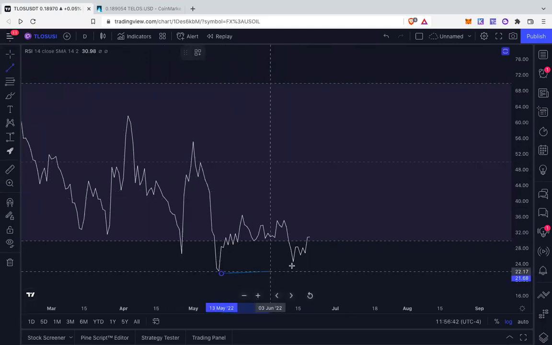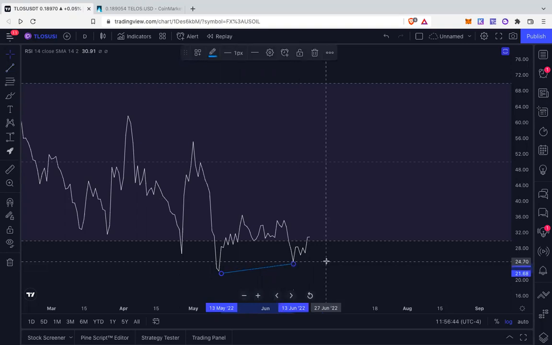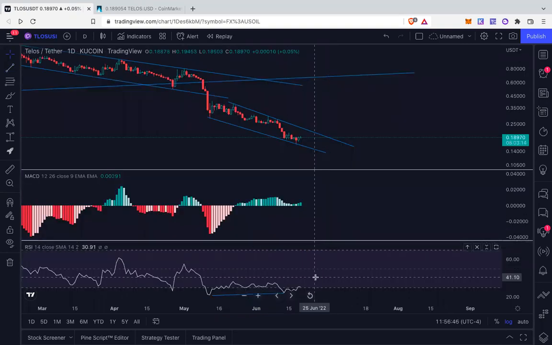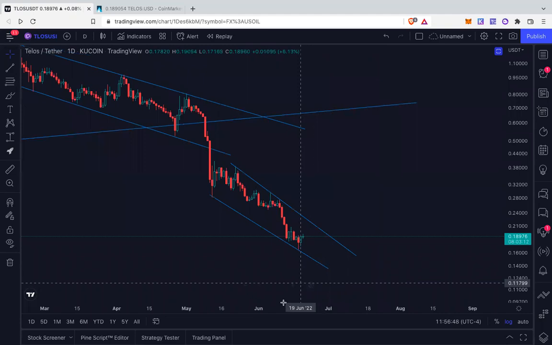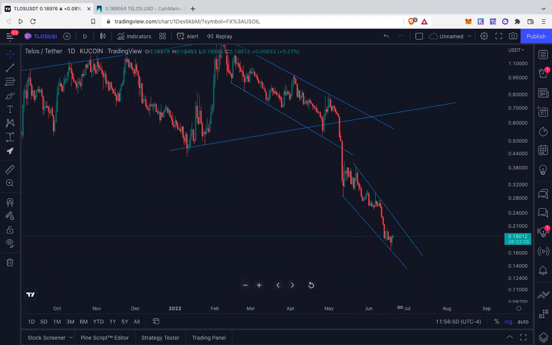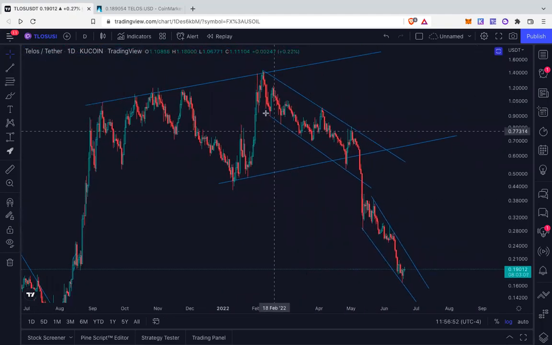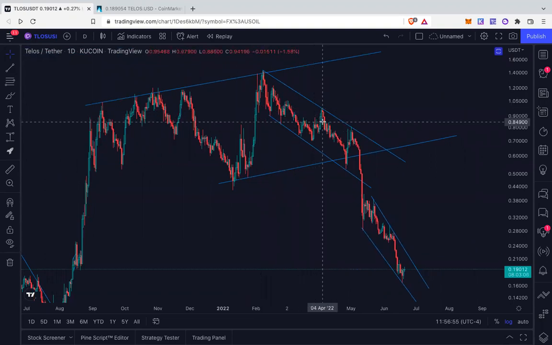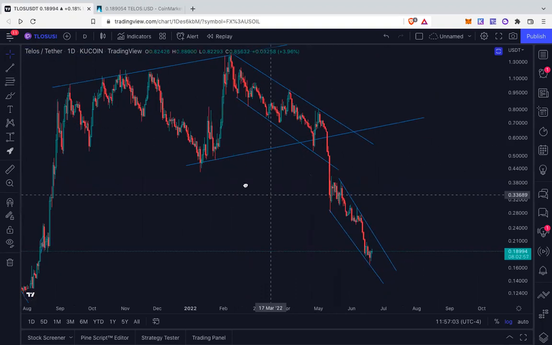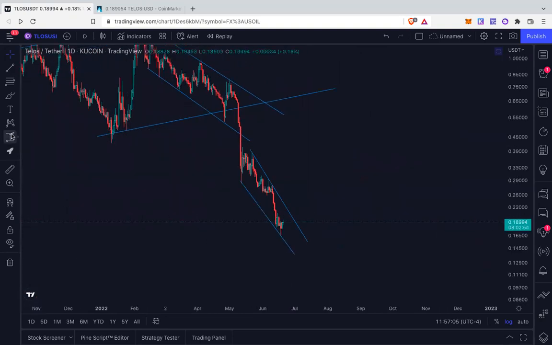And not only do you have the divergence, but you're just so oversold on the RSI. It has taken a significant loss of value within the last, like I said, I started talking about this in April. Let's say even in the last 2 months.